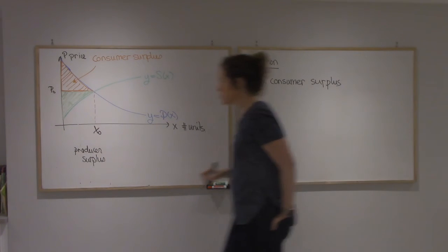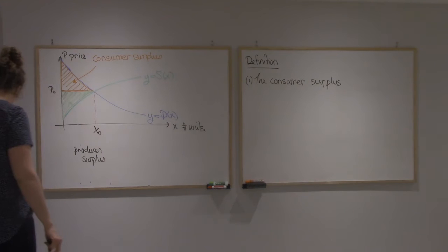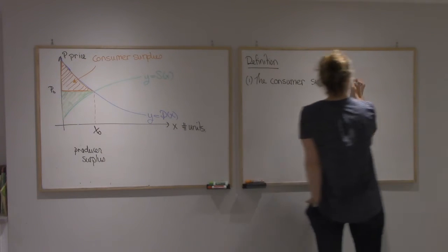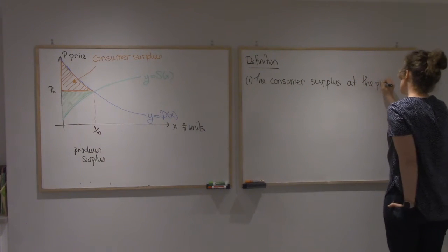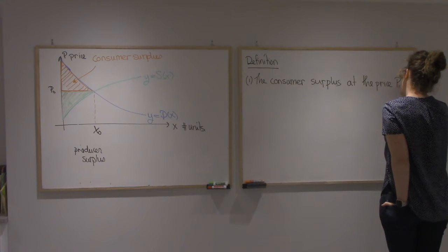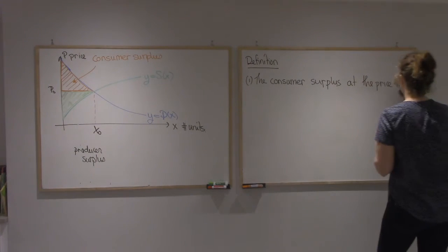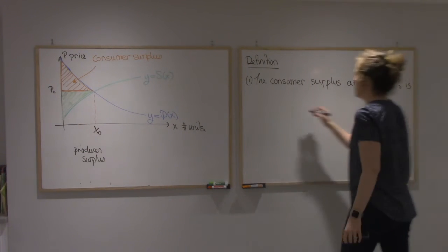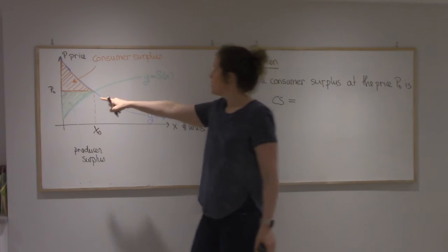I'm going to define the consumer surplus at the price, let's say at the point, I'll use CS for consumer surplus. I want the area in orange.